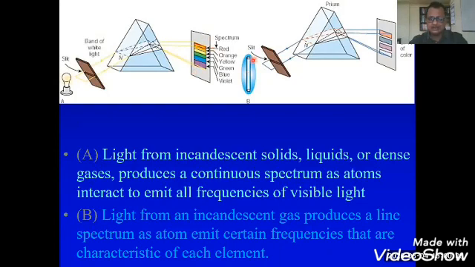But when you take a gas of very low density and try to record the spectrum, you will find that you are not getting a continuous spectrum. That means all the 7 visible colors are not appearing. In fact, you are getting only certain light, and each light represents a line in the spectrum, and it is called a line spectrum.